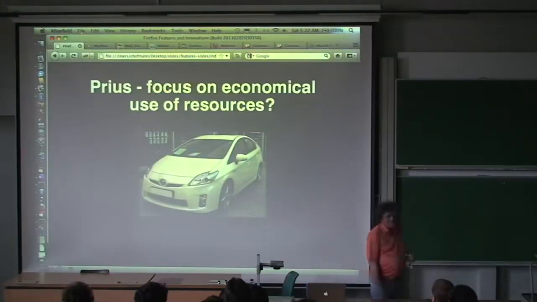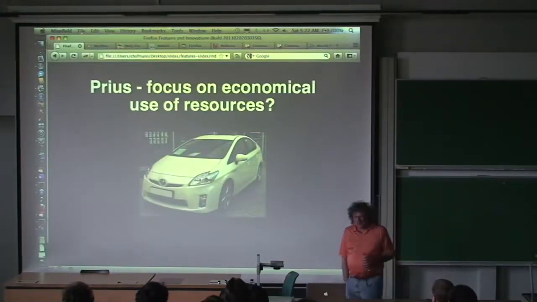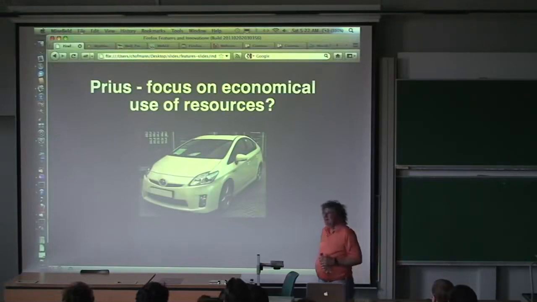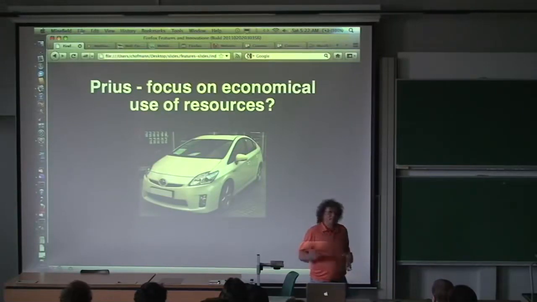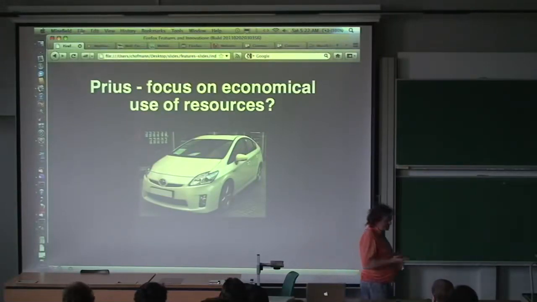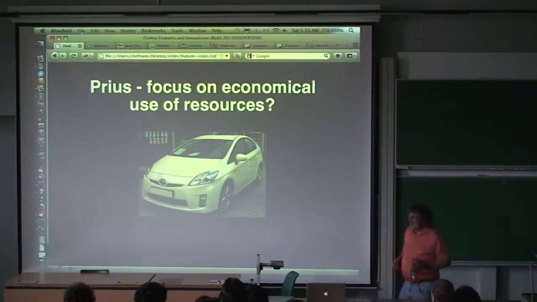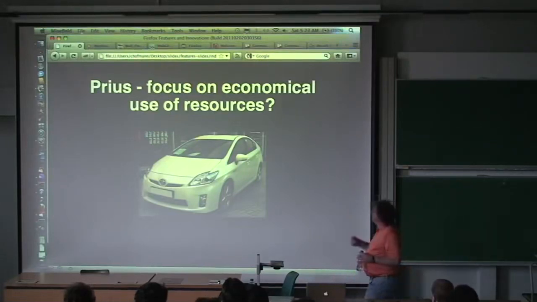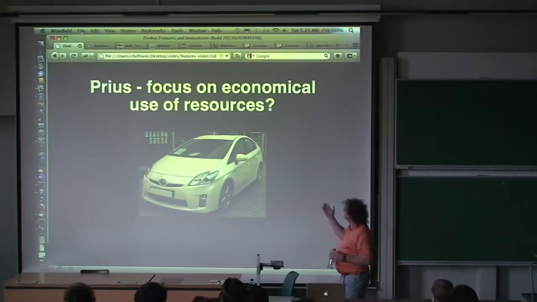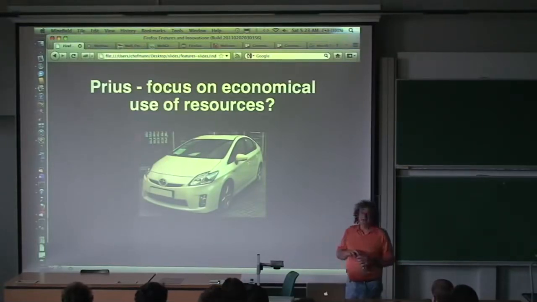So let's get back to this comparison to the auto industry. There's still some challenges. The auto industry has started to innovate and advance again, largely driven by oil prices. And they've done a lot of interesting new technology to make cars more economical.